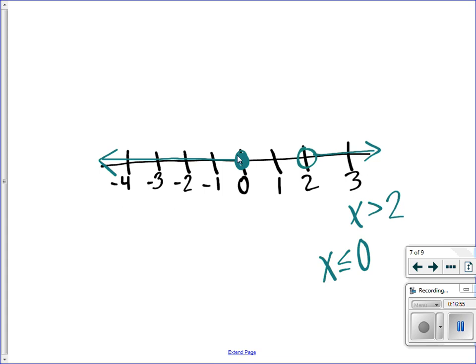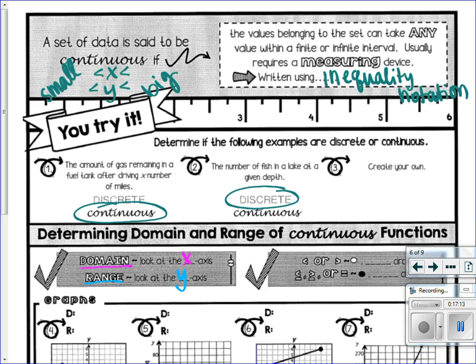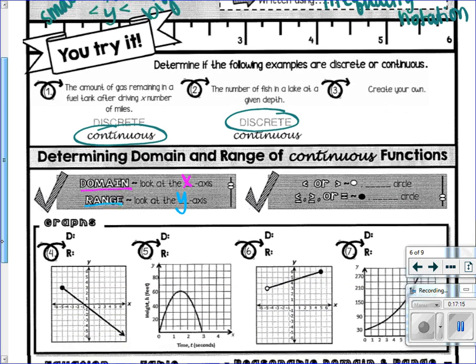How come you would color in the circle or leave it open? If you color it in, it means it could be that too. Correct. It's that inequality sign. It's an open circle if it was just greater than or less than. It was a colored in circle if it was equal to. That is going to come into play when we write our inequality notation.